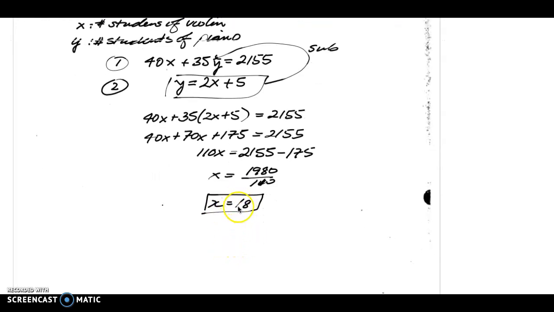So that means I just take that 18 and I can plug it into equation 2, right? So there's my 2 right here. That's my 2. Plug into 2 to find the number of piano students.